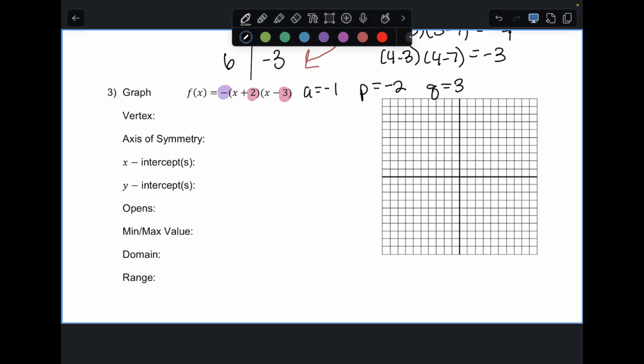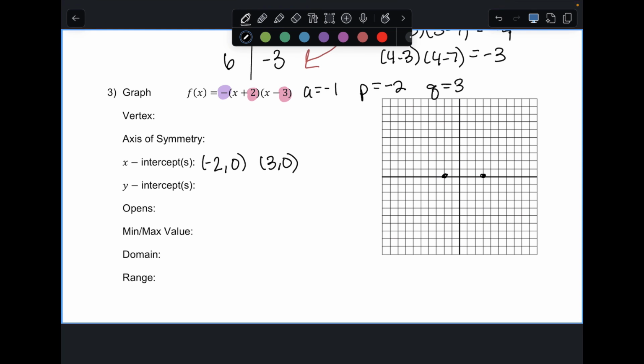Okay. Right off the bat, I'm going to fill out what I know. I know my x-intercepts from P and Q. So my x-intercepts are negative 2, 0 and 3, 0. Graph them. Negative 2, 0, 3, 0. I also know what direction my graph opens.